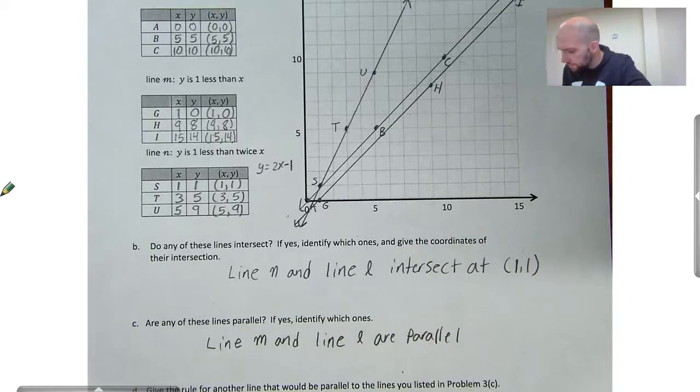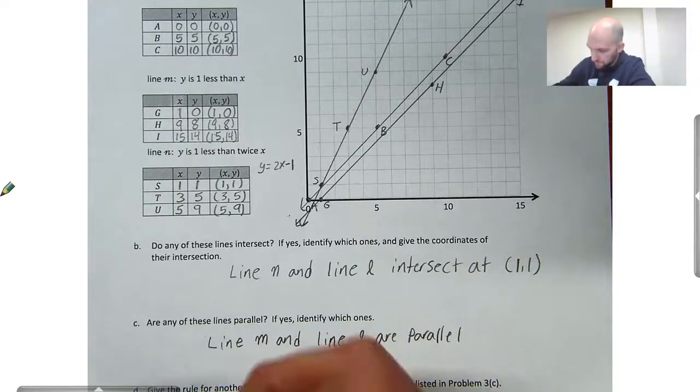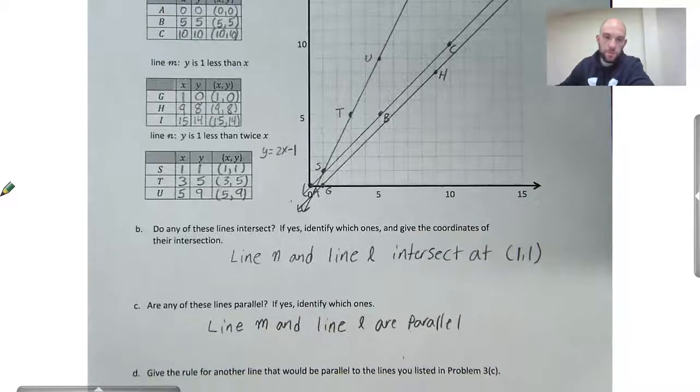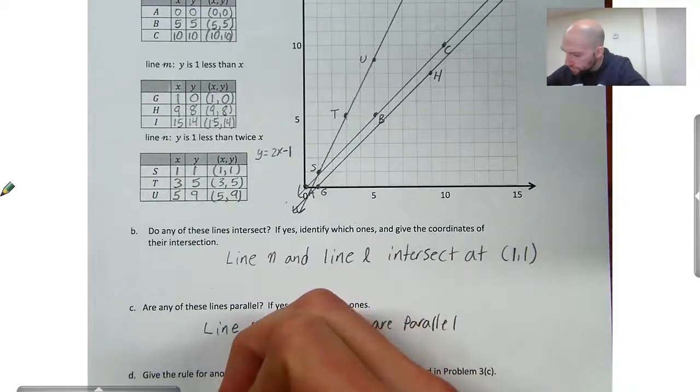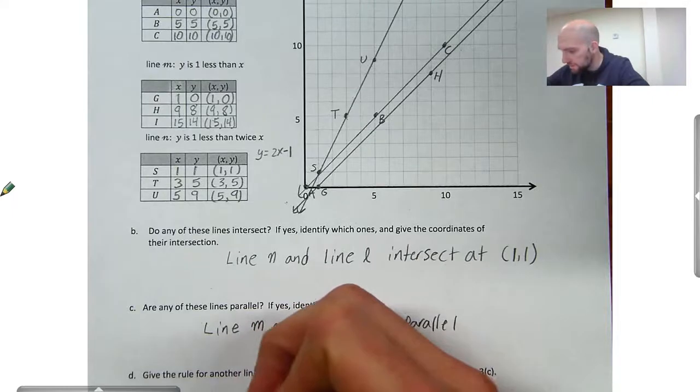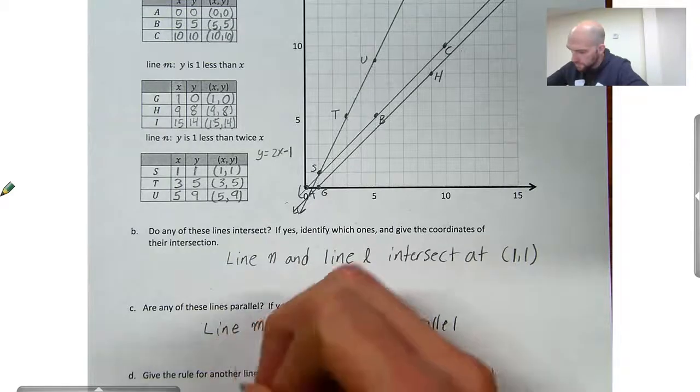This is give the rule for another line that would be parallel to the lines you listed in problem 3C. So in this line here, I would say that any line that just had a plus or a minus in it, and nothing else, will be parallel to those lines. So we could do a line like y equals x plus 1 as an example.